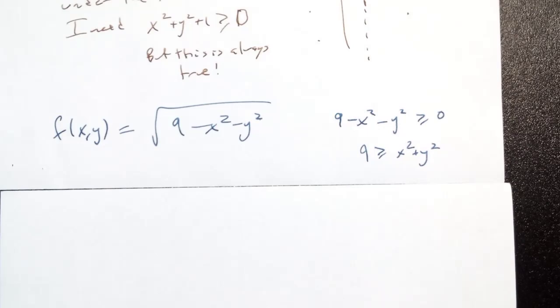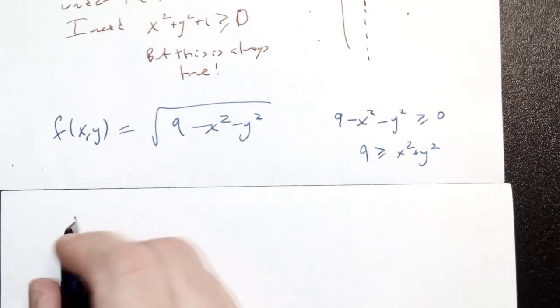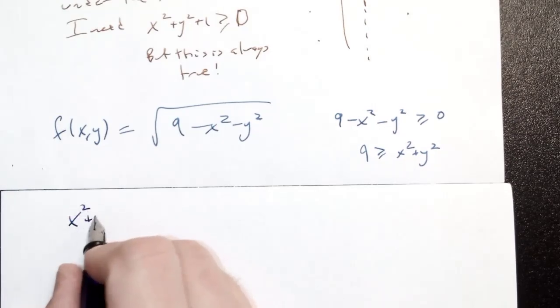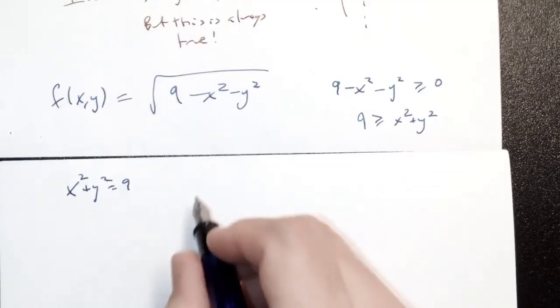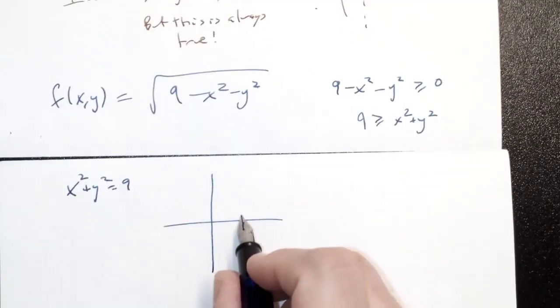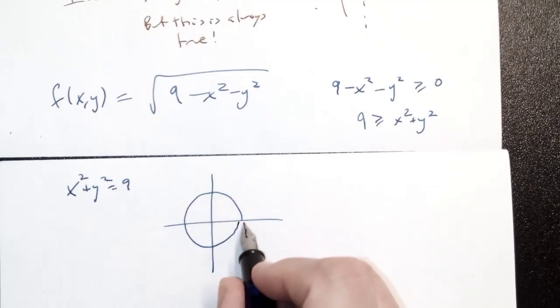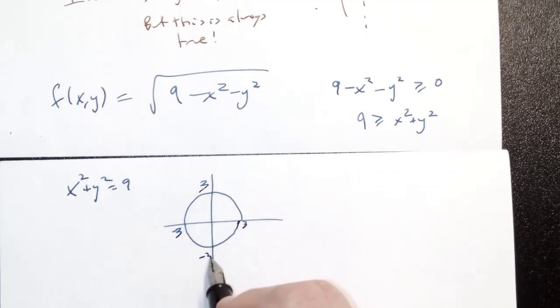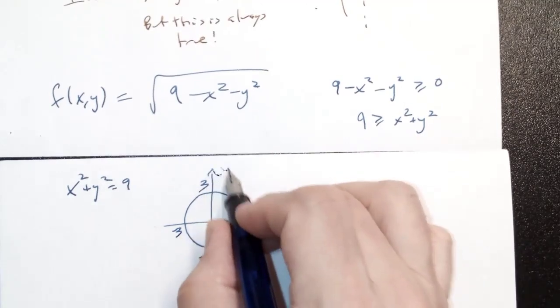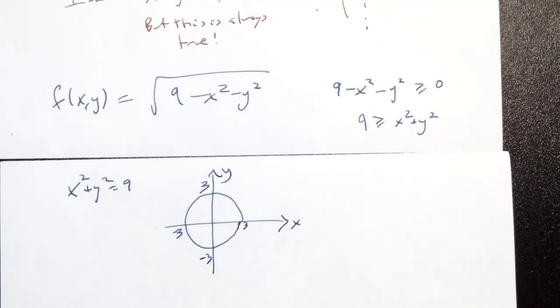If I just look at equals, x squared plus y squared equals 9, what shape is that? Circle and center at 0. Aha. So less than or equal means I want the inside of this.